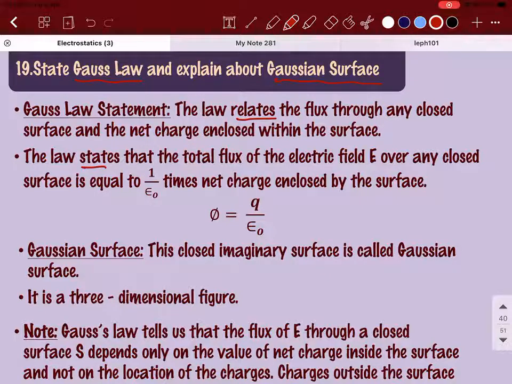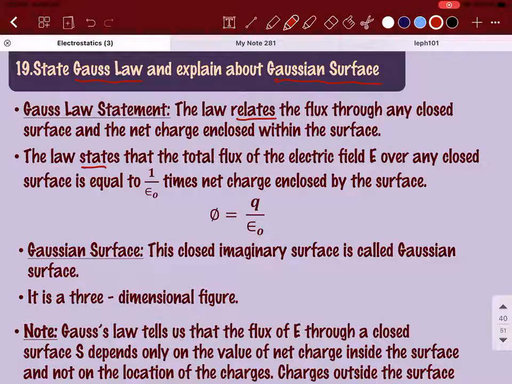Gauss law states that the total electric flux through any closed surface is equal to 1 by epsilon naught times the total charge.